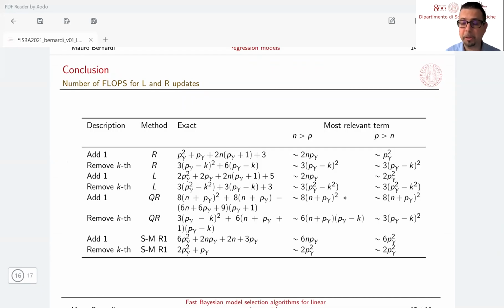From our calculation, you can see that the exact computational cost for performing the modification of the L matrix is less than that required by performing the same computation on the R matrix. Moreover, the computational cost depends on the distance between K and P. Okay? So it depends on the position of the column that we are deleting.